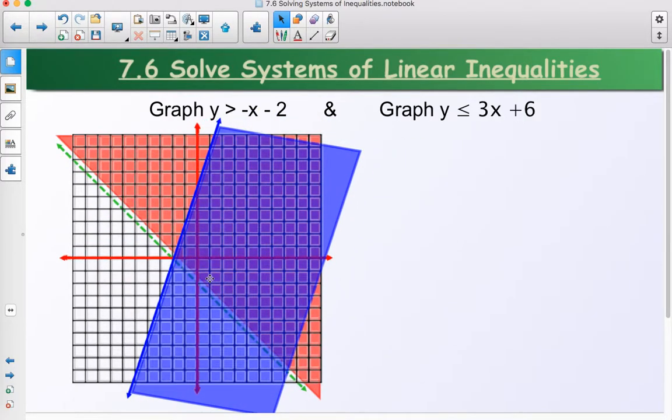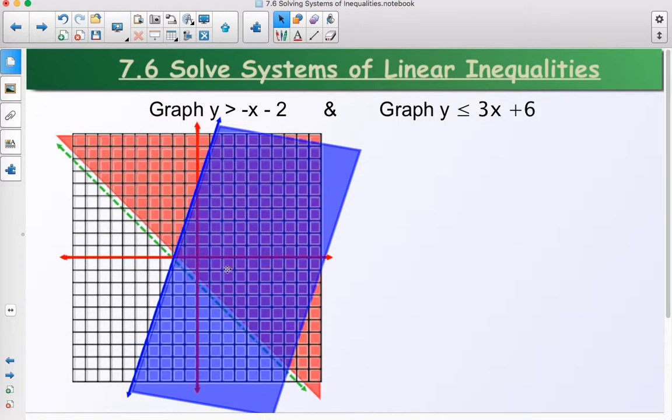So I'm graphing both, and I want to see where do they overlap. What points make both inequalities true? Just like when we were graphing two lines and trying to find their point of intersection, we said what points are on both lines. Now we're going to say what points are on both inequalities.